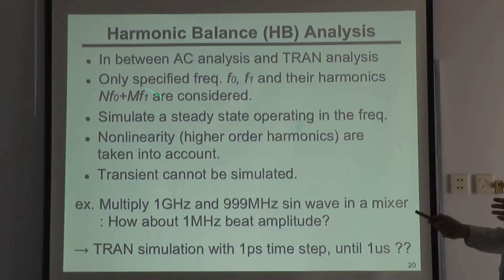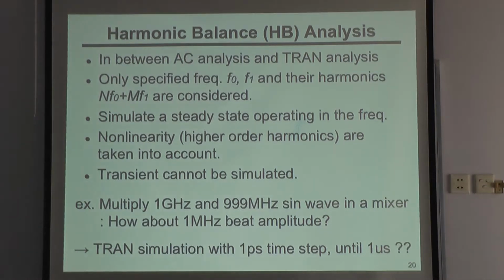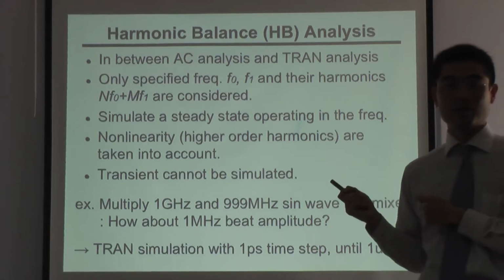These are many harmonics, but for this kind of frequency component, we see how big the amplitude is and how it affects. This is harmonic balance. So for RF simulation, RF circuit designers often use harmonic balance.